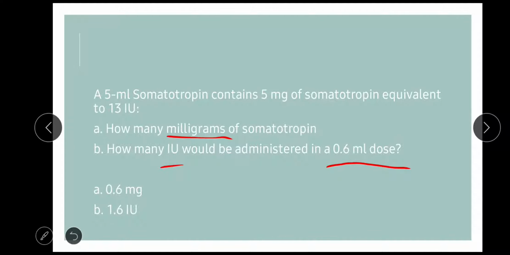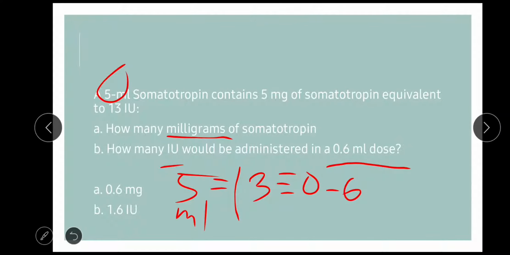Ratio and proportion. 5 ml is to 13 IU is to 0.6 ml, and what we are looking for is the IU.